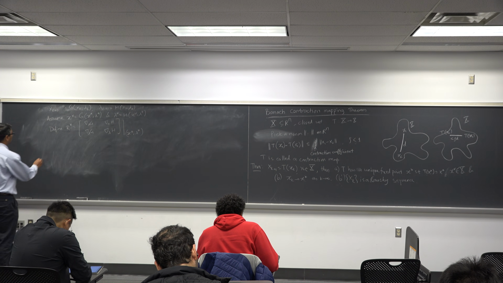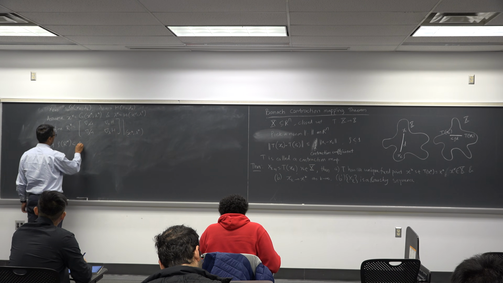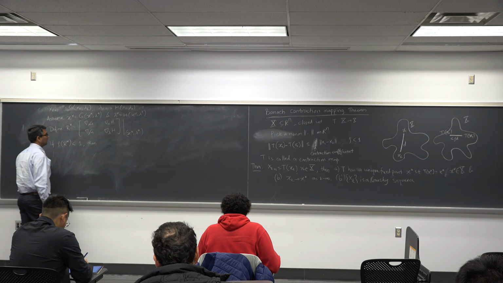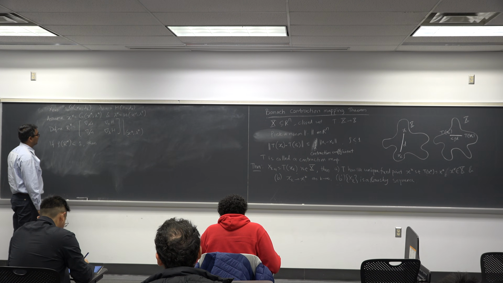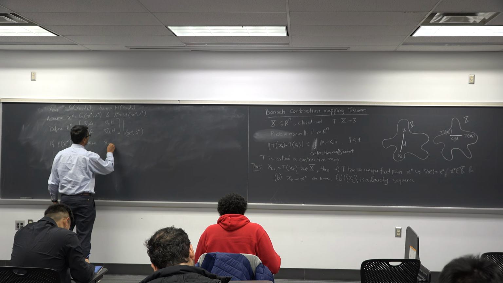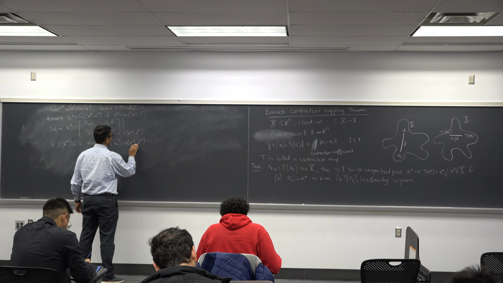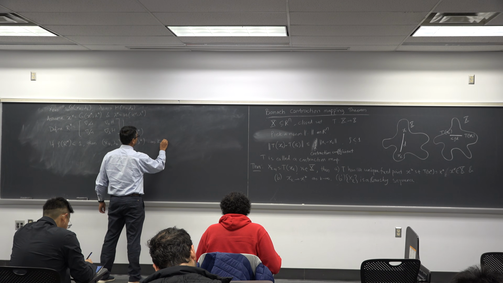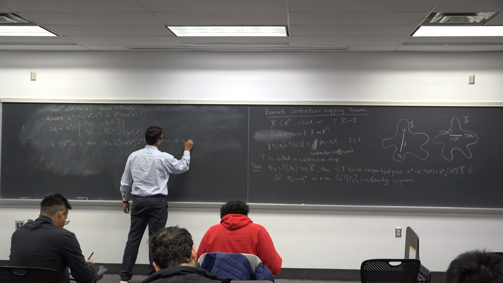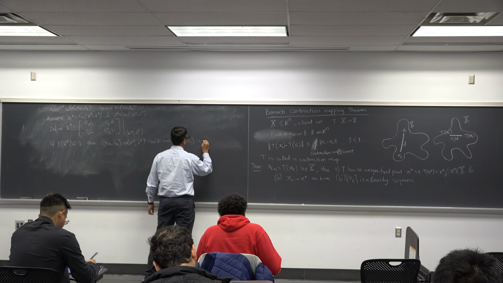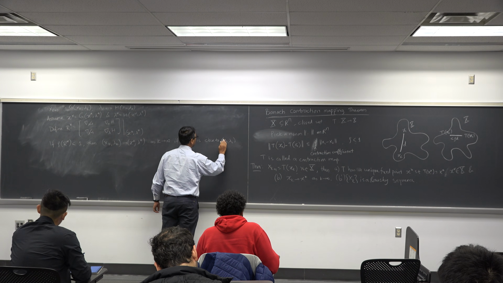Now the result is: if rho of R star is less than 1, then (x_k, lambda_k) converges to (x star, lambda star) as k goes to infinity, if (x_0, lambda_0) is close to (x star, lambda star).